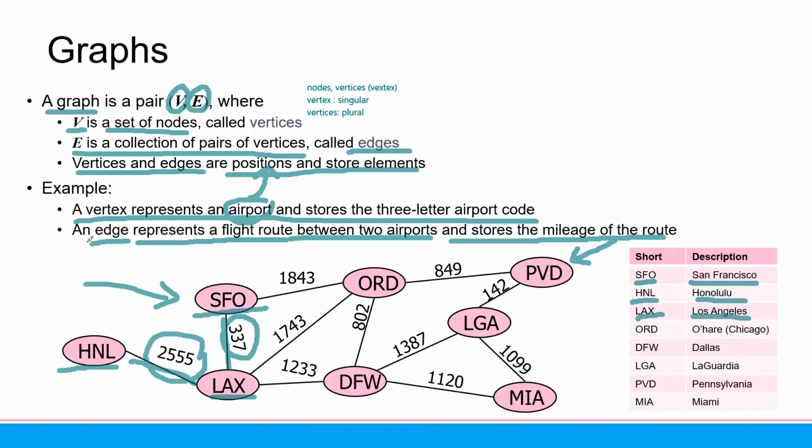So the edge is a kind of pair. Honolulu, LAX. Then it is a pair of vertices. And then I have another which is SFO, LAX. So maybe I can say 2,555 is the mileage between HNL and LAX. And I have 337 is the distance between San Francisco and LAX.